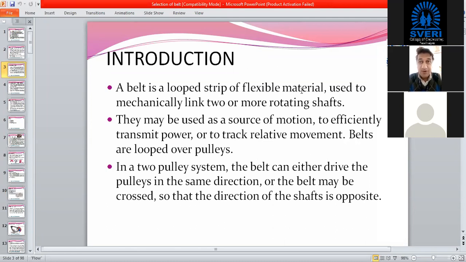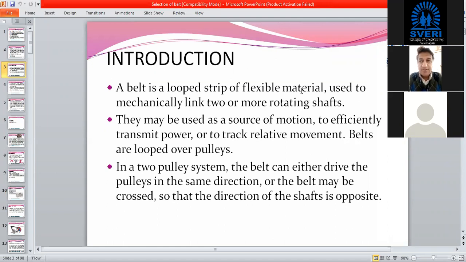Now here the words two or more have been used because in some applications one single belt is used to operate two or more shafts also. If you have seen, the timing belt is the belt which is used for IC engines, where that single belt is going to rotate 2-3 different shafts, the camshaft, then the injection shaft, the shaft which is used for handling the wash pumps.